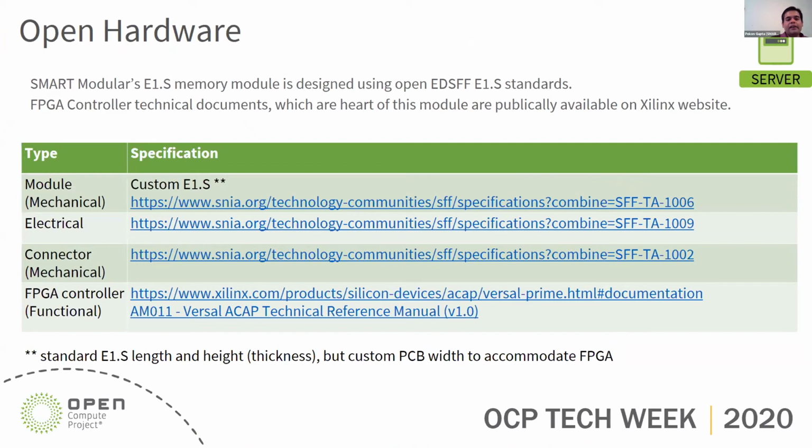The E1.S standard, which talks about the mechanical and the electrical details of SFF standard E1.S or E3.S form factors, are available on the SNIA website. The FPGA controller, which goes inside this prototype, has all its data sheets available in the public domain. So you do not have to depend on Smart Modular to design such devices. You can actually build your own.